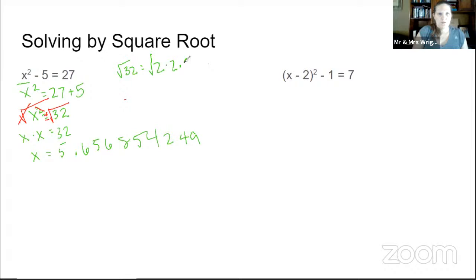That's 4 divided by 2 again. So 1, 2, 3, 4, 5. There's 5 2's there, right? Double check that: 1, 2, 3, 4, 5 is 32. So 32 completely factored is what we have here.